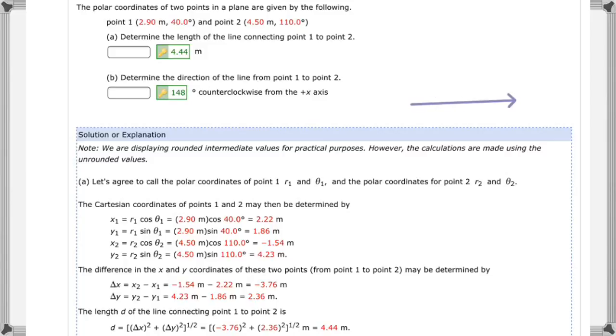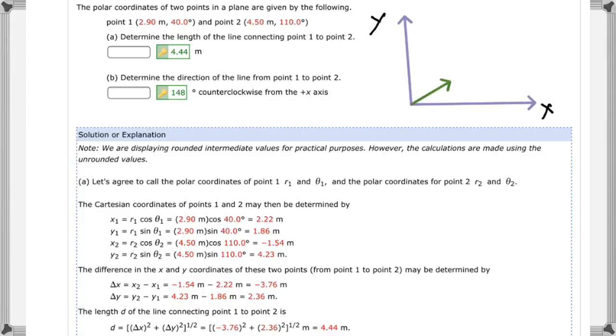This means that if you have the x and the y, you've got to locate a point 2.9 meter away from the origin, making an angle of 40 degrees with the x-axis.